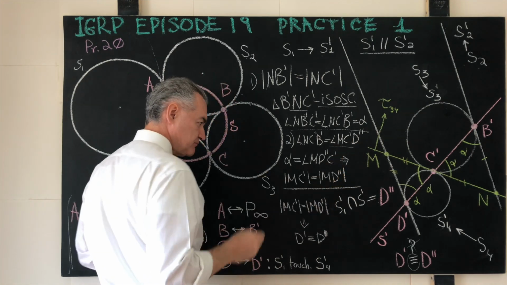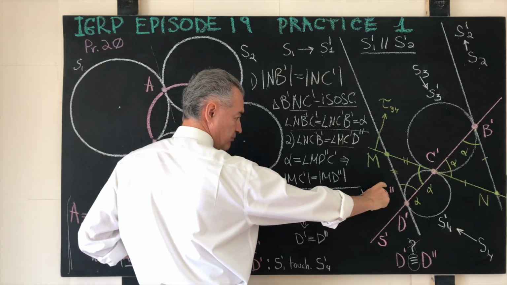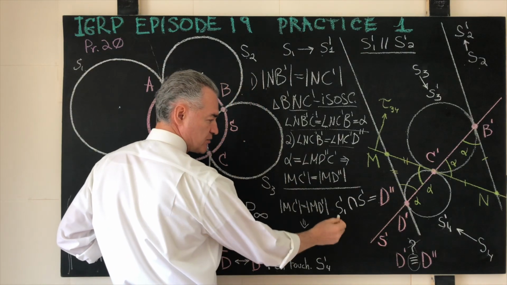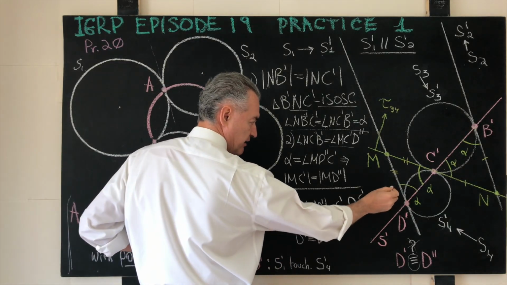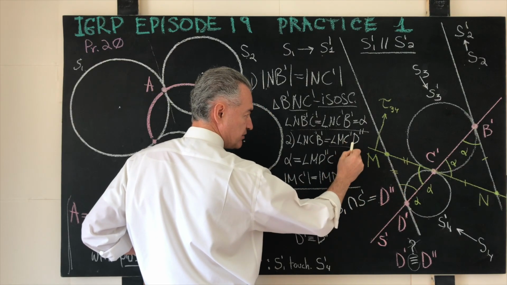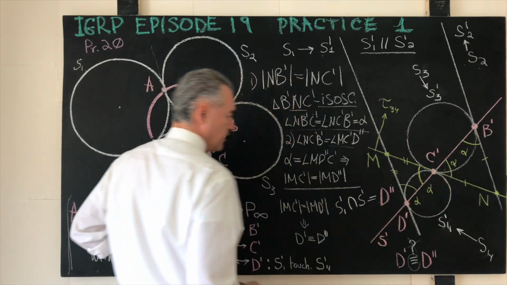And here we need to be careful which D we pick over here. Well, D prime prime, because remember, we are right now studying the interaction between which objects? The straight line S prime 1 and the straight line S prime, and that point designated with D prime prime. So the magnitude of the angle MC prime D prime prime must be the same as this. So this is alpha as well.